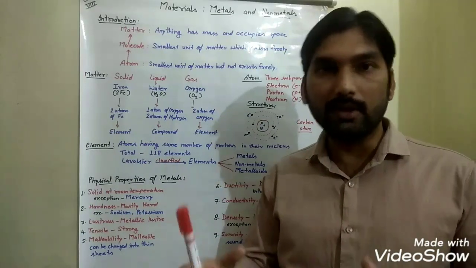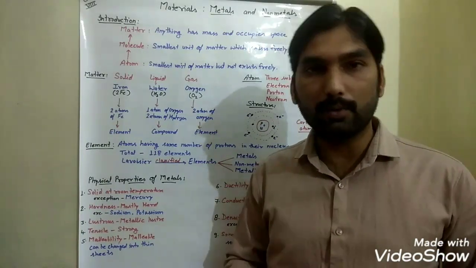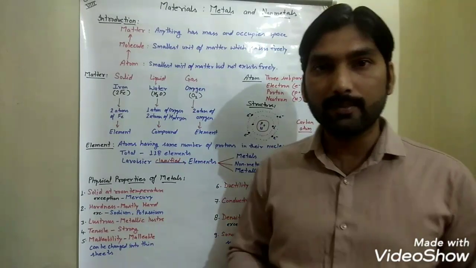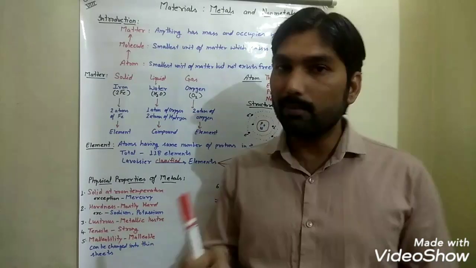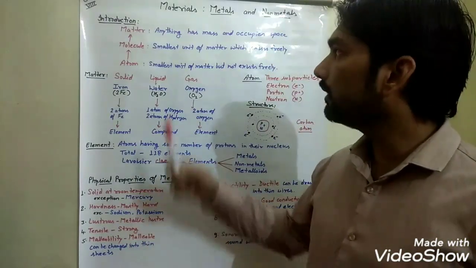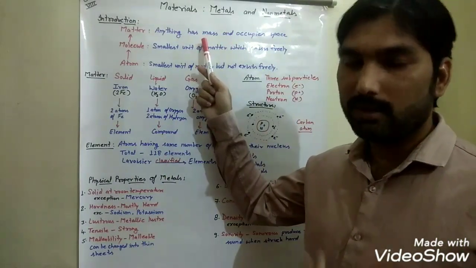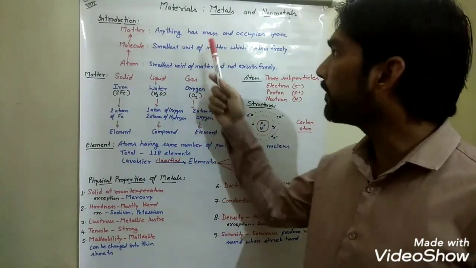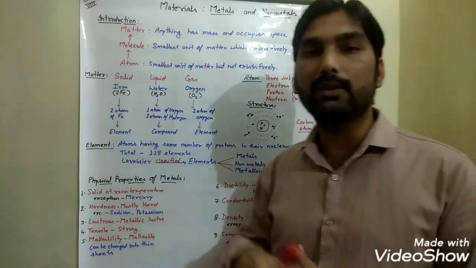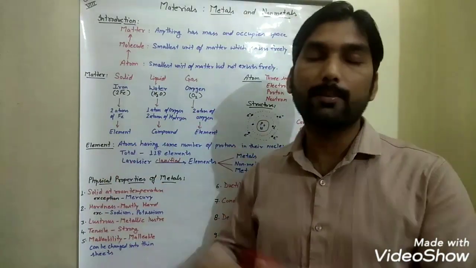So whatever thing, whether living or non-living, you see in your surroundings, they all are matter. Why? Because all of these things possess some kind of mass, and they cover some space if they are placed.